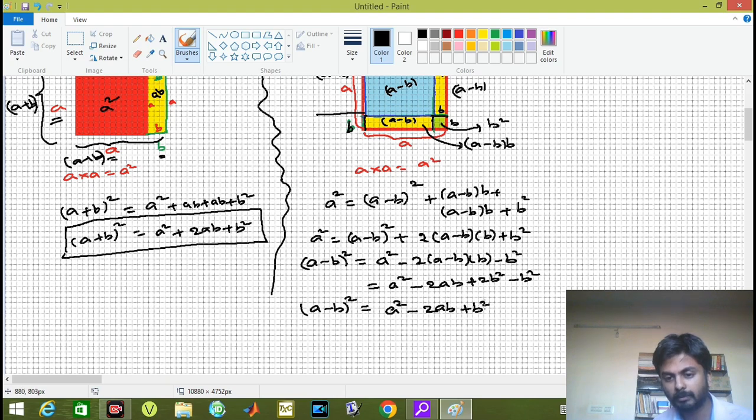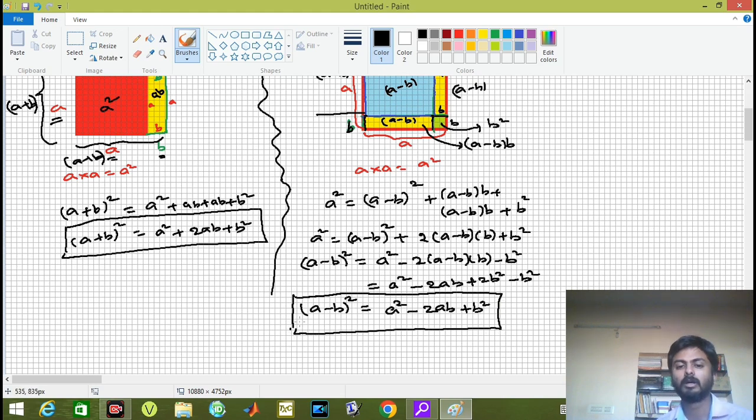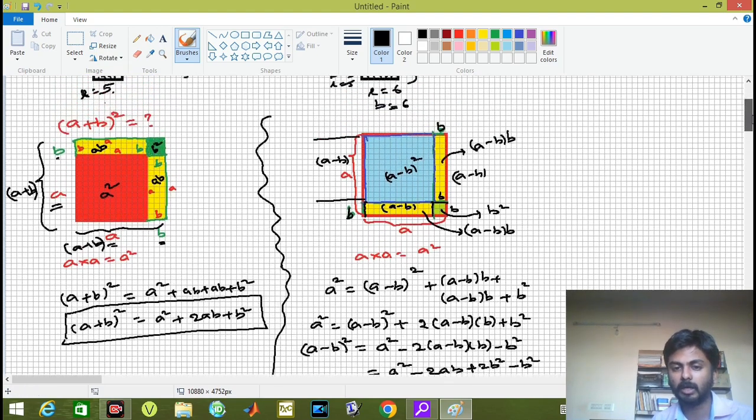Now you got the idea how the mathematicians derive these formulas, how (a plus b) whole square becomes this and how (a minus b) whole square becomes this.